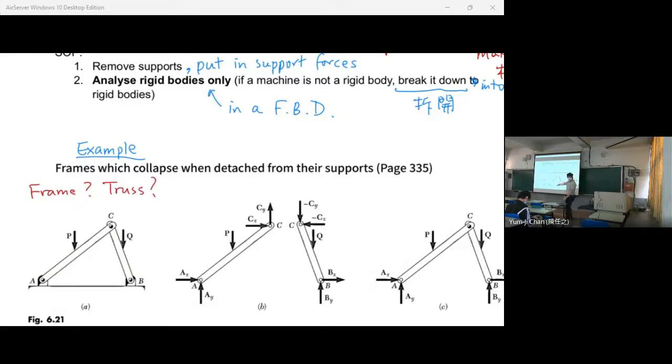So for the structure on the left, is this a frame or a truss? When do we say something is a truss and when do we say something is a frame? Let's go back to the top of the page.